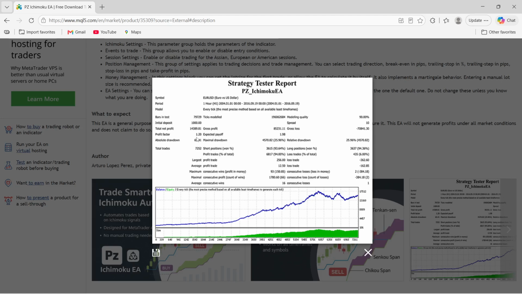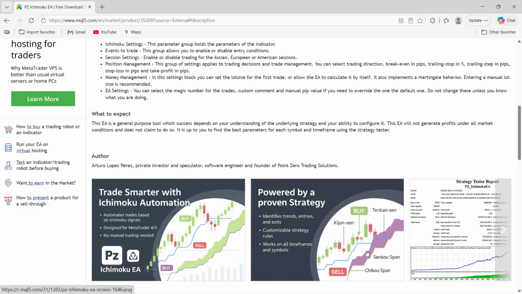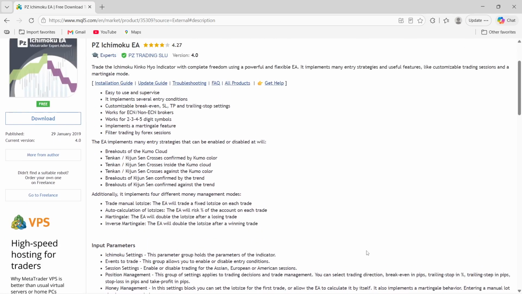The profit factor was 1.20, and the drawdown was 25.96%, for the total trades taken being 7,252 trades.